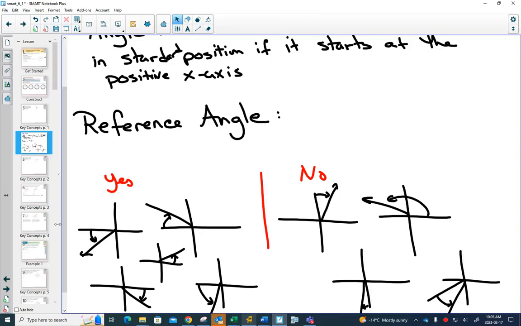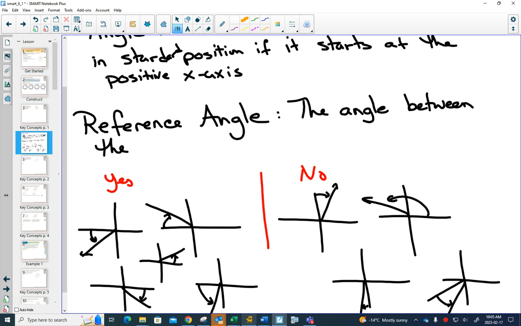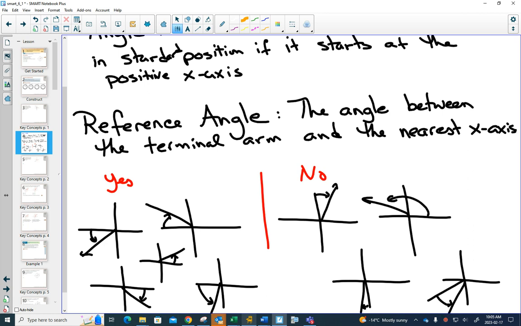So take a look at those pictures. And the definition of a reference angle is the angle between the terminal arm and the nearest x-axis.